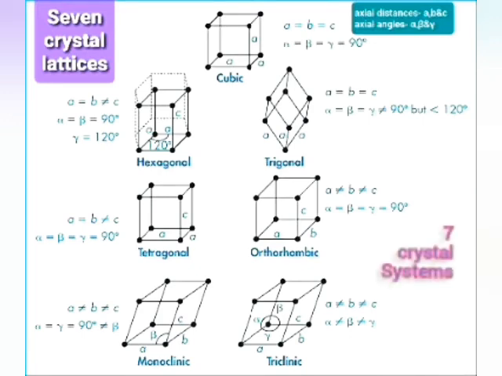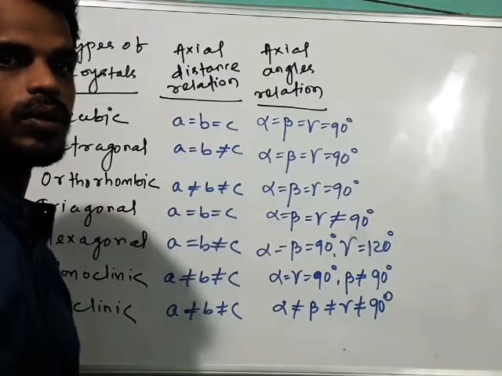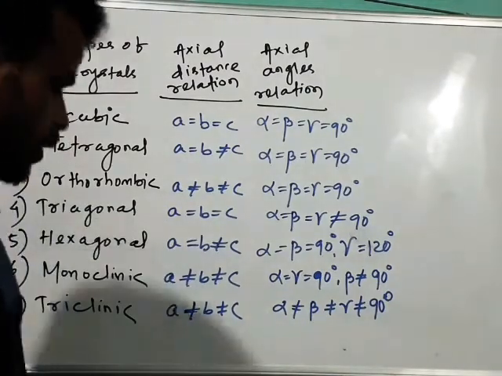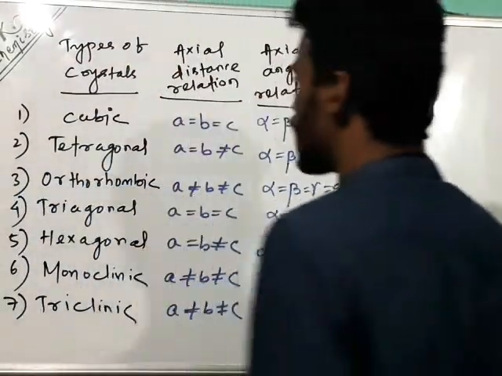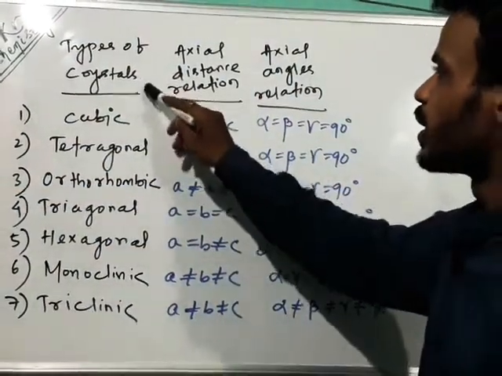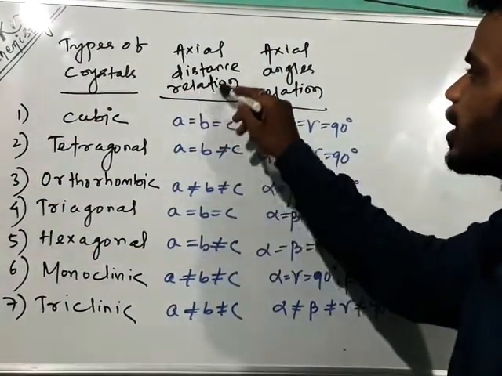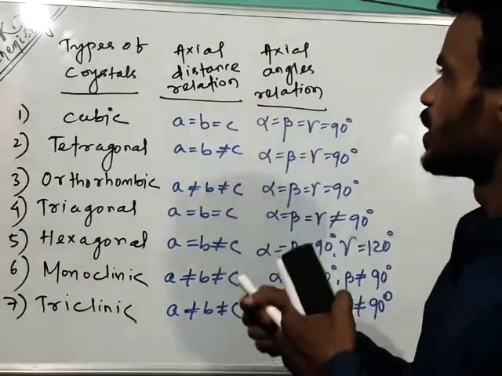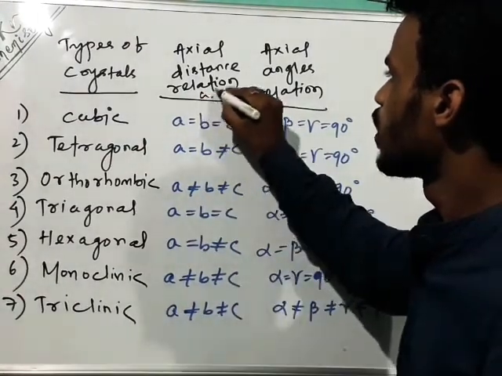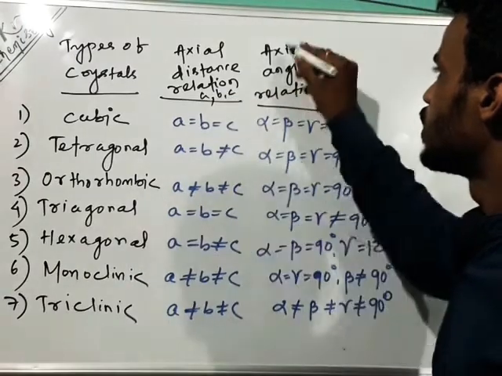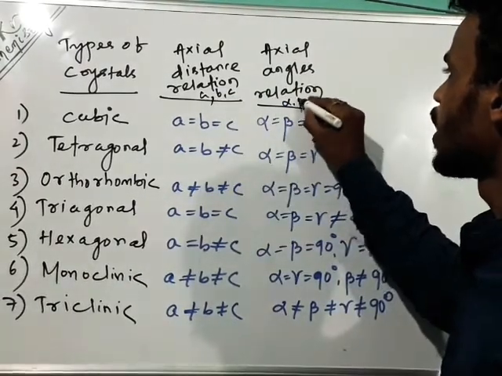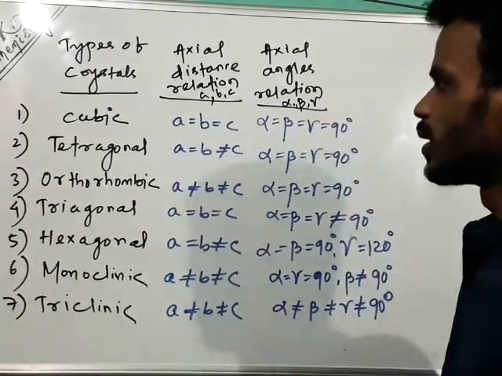Let's see the total chart. These are the 7 crystal systems, the types of crystal, and the relationship between the axial distances A, B and C. These are the axial angles, alpha, beta and gamma.